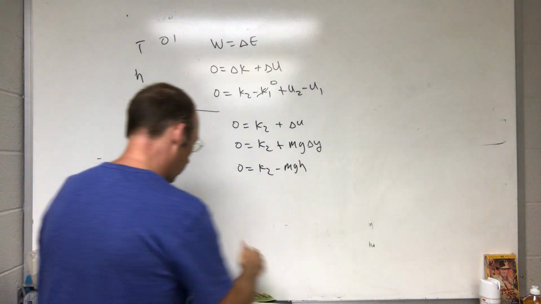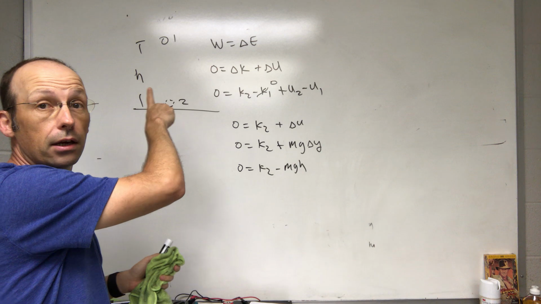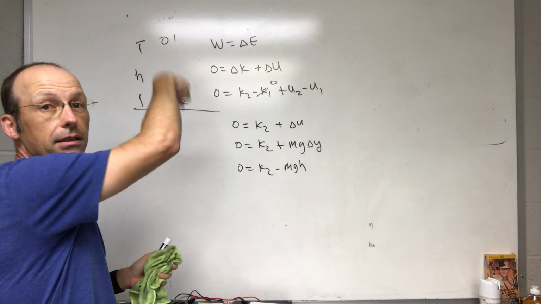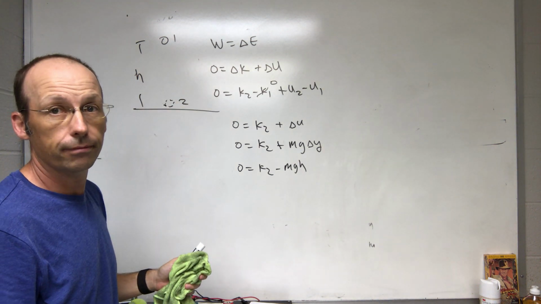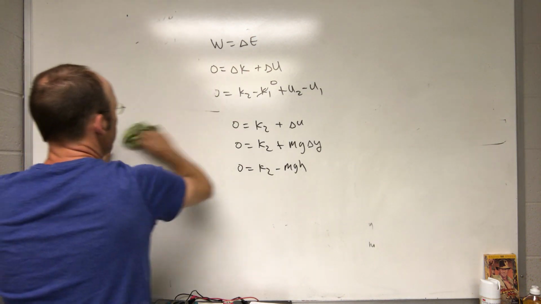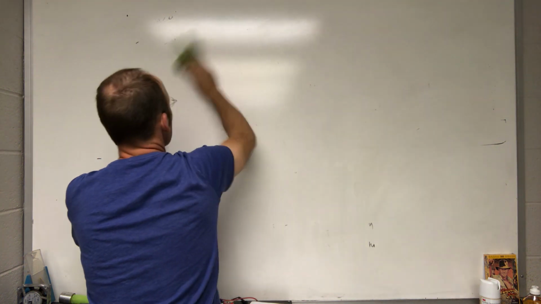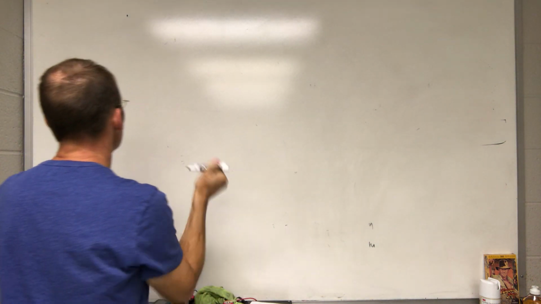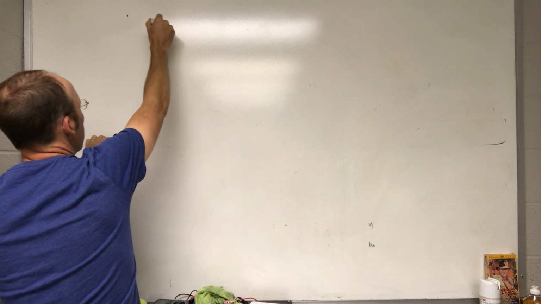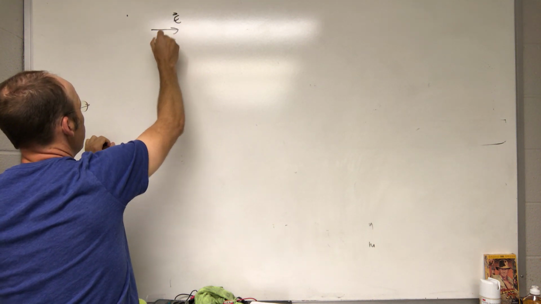Okay, now suppose I have a different situation. Note here that there is a constant downward gravitational force. It's important. Now suppose I have a constant electric field and I have a positive charge.